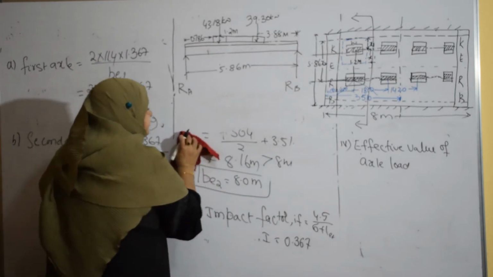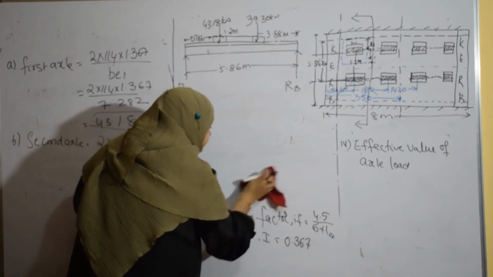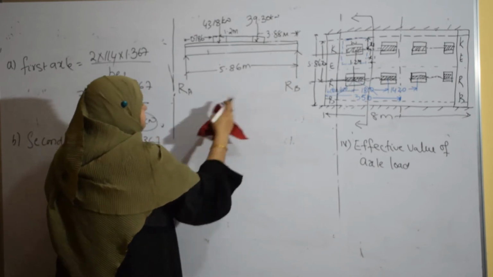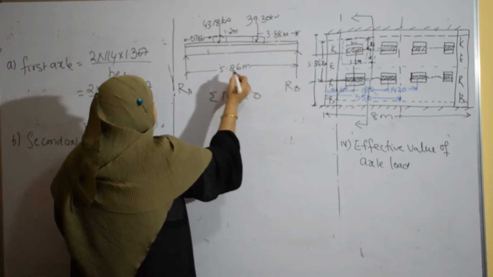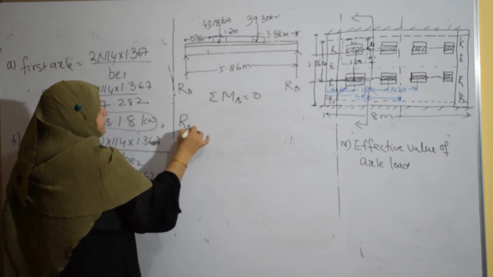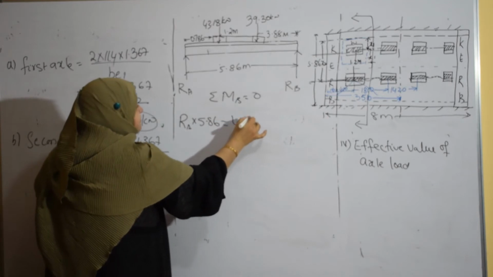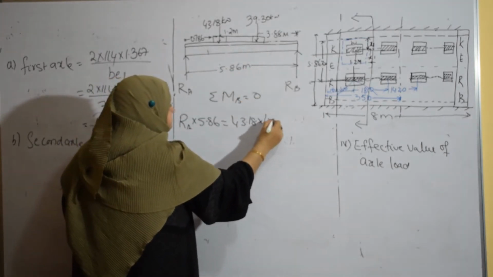Because it's a free body diagram, taking the principle of moments, sigma MB equal to 0, moments about B equal to 0: RA into 5.86 is equal to 43.18 into (1.2 plus 3.88).